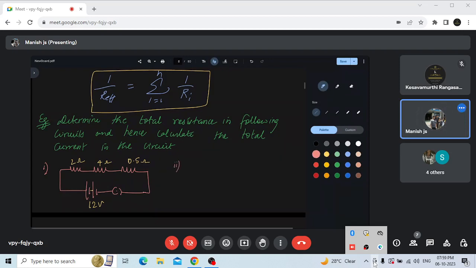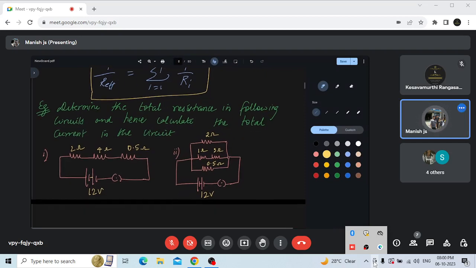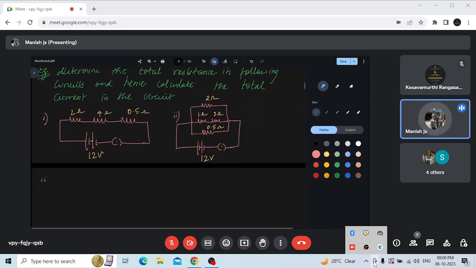Second circuit, this is the second circuit, and then the last, the third one.